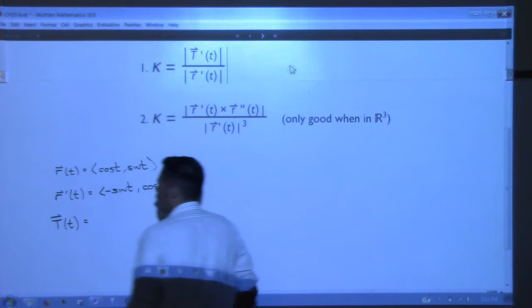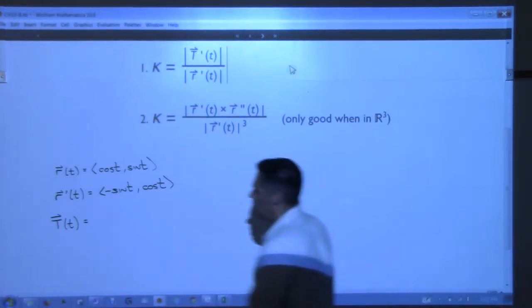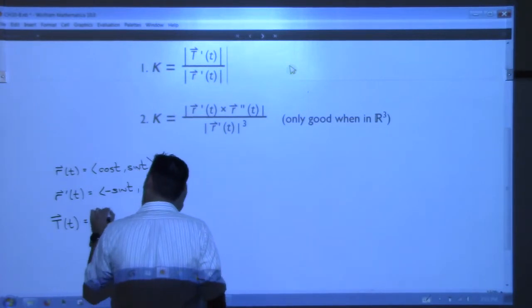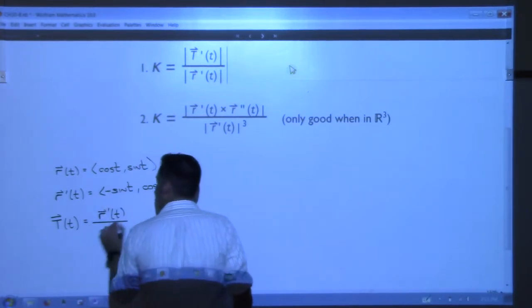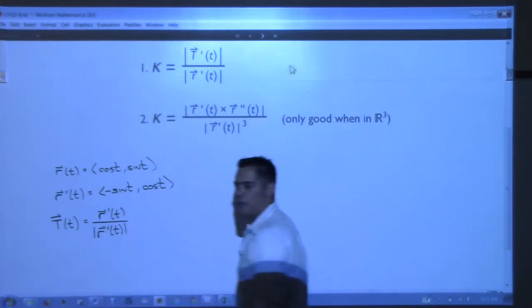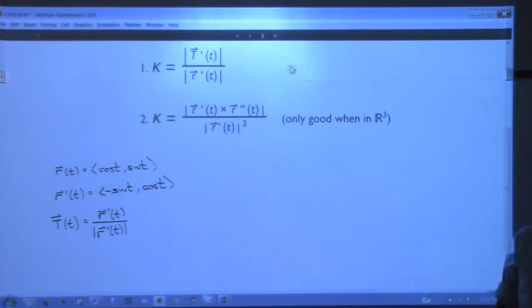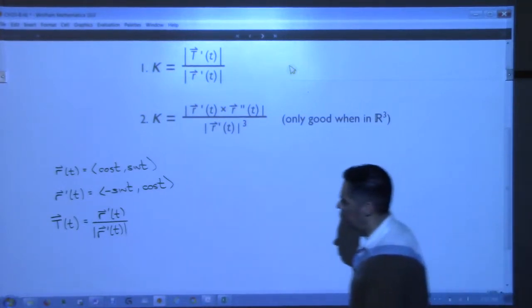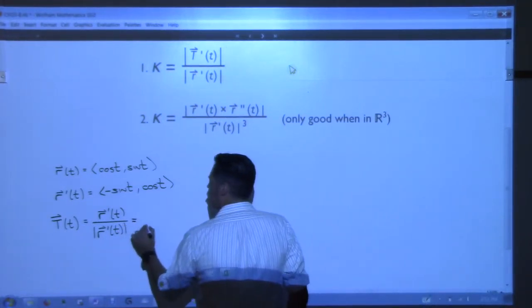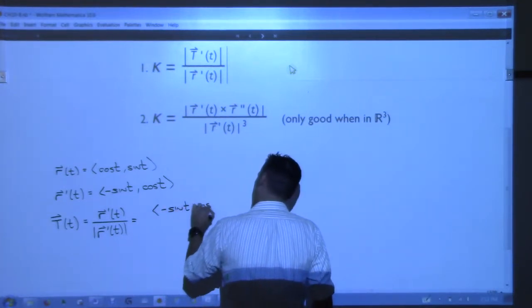So what is capital T of t? By definition, it is r prime of t over the magnitude of the derivative. That's the definition of capital T of t. It's the derivative of the vector function over its own length, which is negative sine t, cosine t.